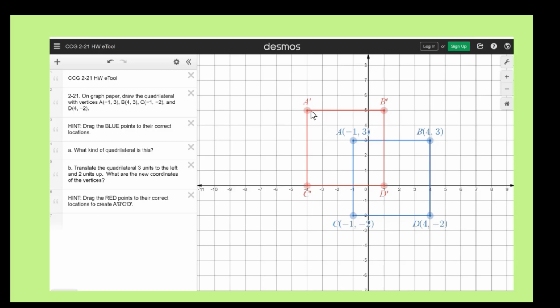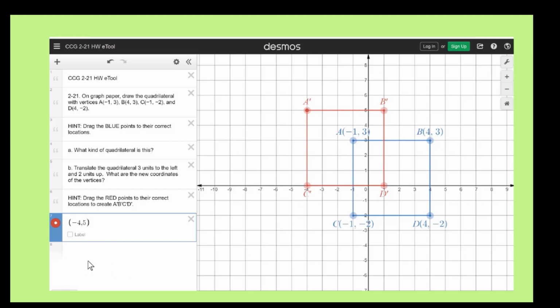So let's go and figure out what our points are. I'm going to go ahead and label those on the video so you see them. So point A prime is going to be -4, 5. So we'll say -4, 5. Okay. And we'll label that point so you can see it.